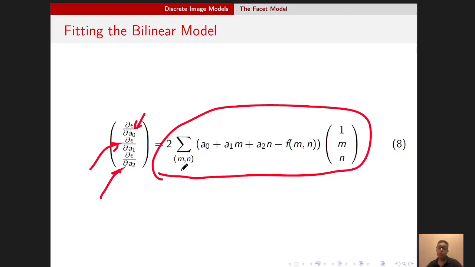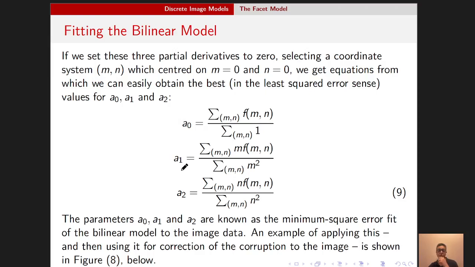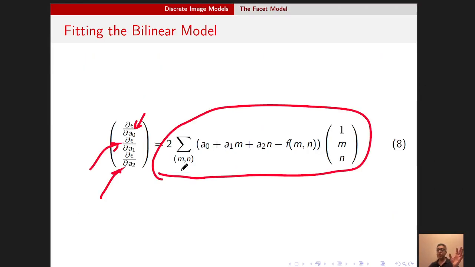If you go to the lecture notes and have a look, you will see how you can get those three equations from just simple algebra, and then pack them into this little matrix-vector representation.